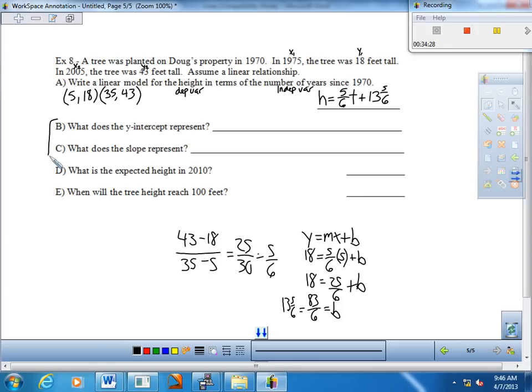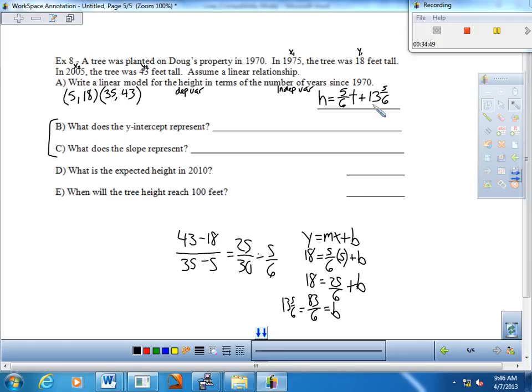Now, guys, let's interpret B and C. So what does the y-intercept represent? What does that 13 and 5/6 represent? I tried to make it at least a number that would have some meaning.